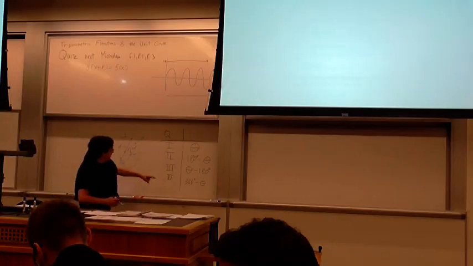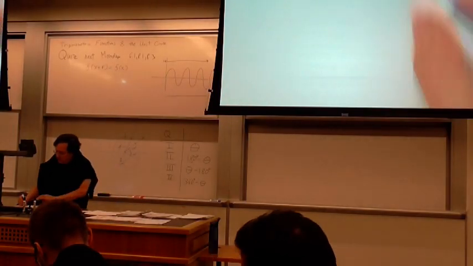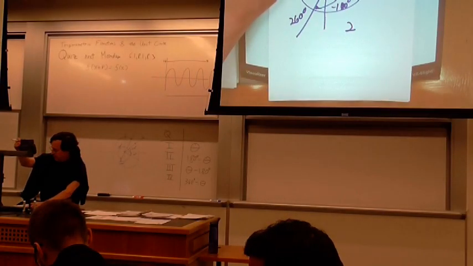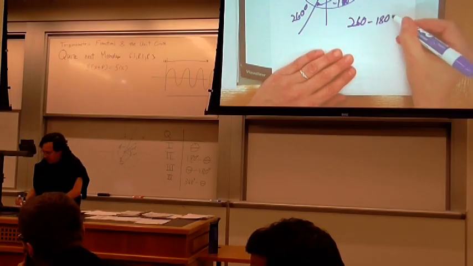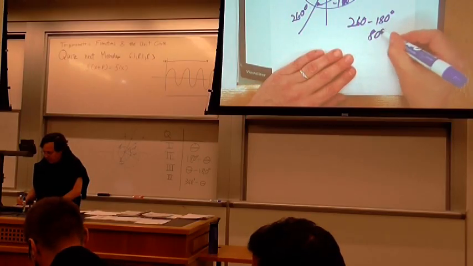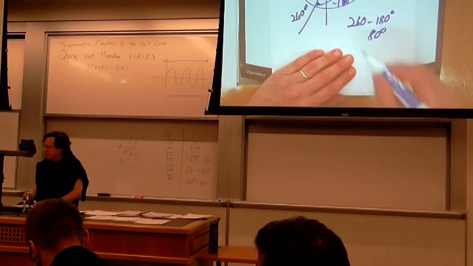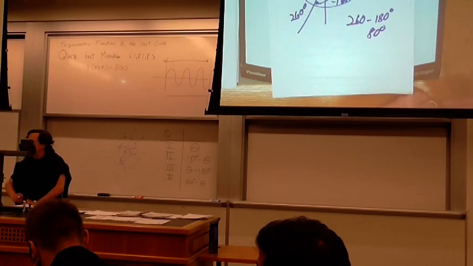And what did I say for this quadrant? We subtract 180. So 260 minus 180 is 80 degrees. So it'll be an 80 degree angle. Should I do that again, or did that make sense the second time?